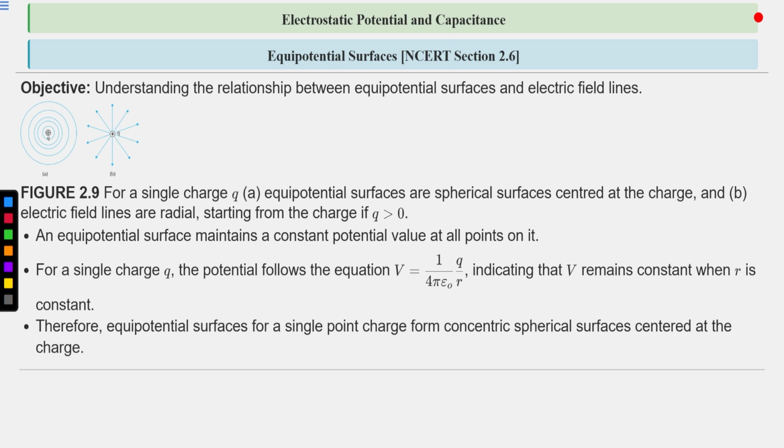Positive charge and negative charge both have similar equipotential surfaces. But the direction of the electric field line is different. In the case of positive charge, it is radially outwards. In negative charge, it is radially inwards. But equipotential surfaces for both positive and negative charge will be spherical surfaces.